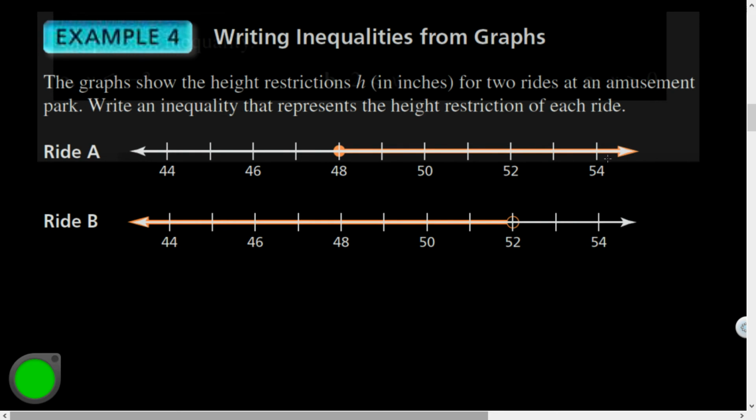Who gets to ride the ride? The value of h must be what? See, it's shaded to the right. Those are the values bigger than, so h must be greater than. It includes 48, so is this going to have an equal sign or not? Will it have the line or not? Closed circle here.